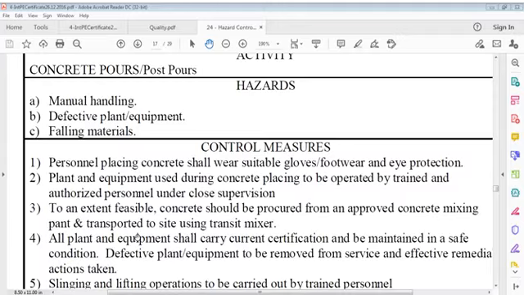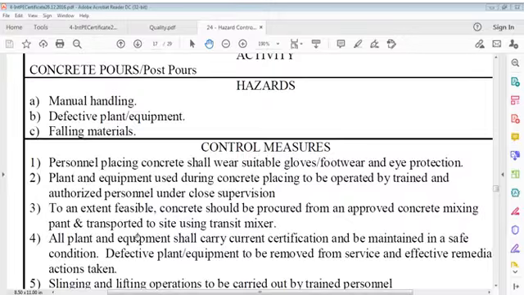So this batching plant, or you may call it central mixing plant, on any project or somewhere, is usually located near the project, within reach of say half an hour, 30 minutes, to maximum 1 hour. If it's not available, on major projects this is installed for the project itself.